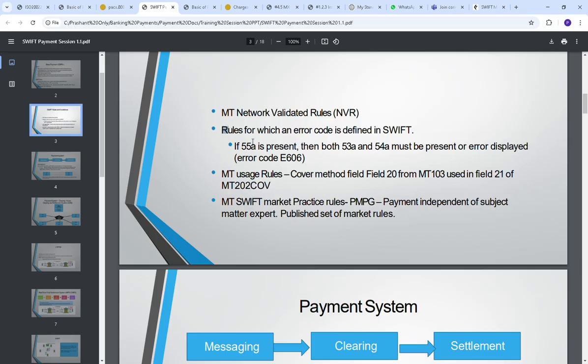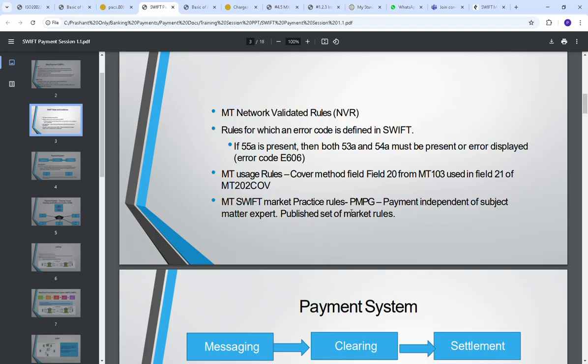For MT messages, for example, if field 55 is there, meaning receiver's correspondent is present, then fields 50 and 54 must be present, or an error displays as error code E606. This is just an example; this kind of rules are there. And field 20 from MT 103 should be mapped in field 20 of the 202 and field 21. So these are the rules guided by SWIFT.